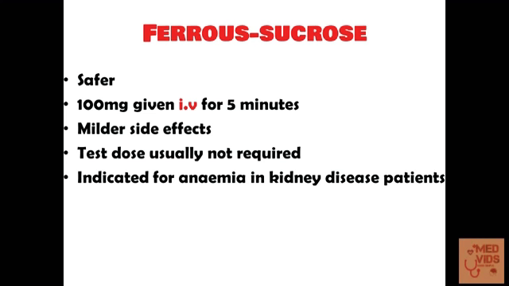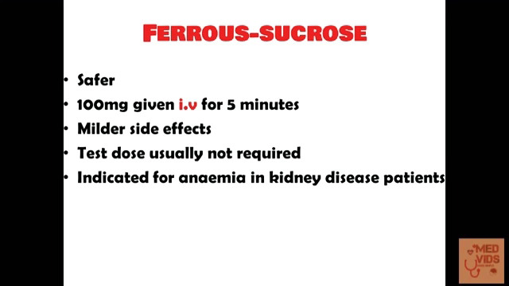Now, ferrous sucrose is indicated for anemia in kidney disease patients. For example, if the patient has chronic kidney disease and you give iron dextran, the patient will not be able to metabolize dextran, and that will cause a lot of adverse effects. But if you treat a chronic kidney disease patient with anemia with ferrous sucrose, it's not going to cause many adverse effects.